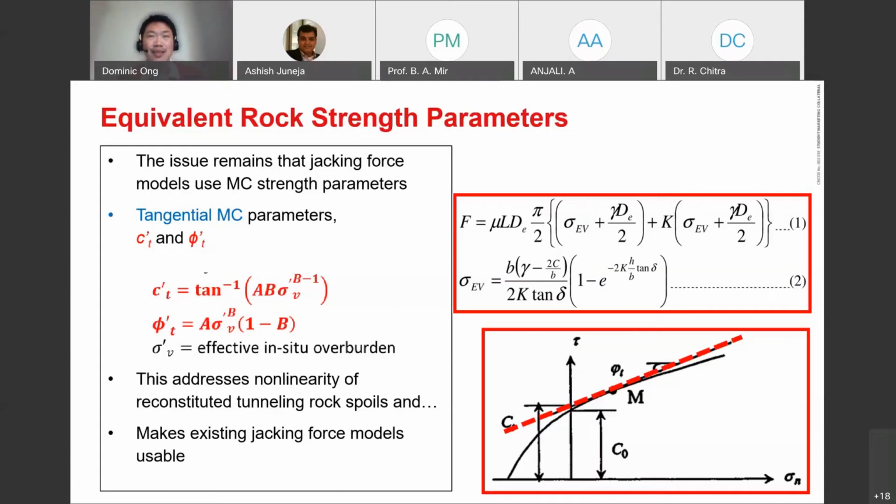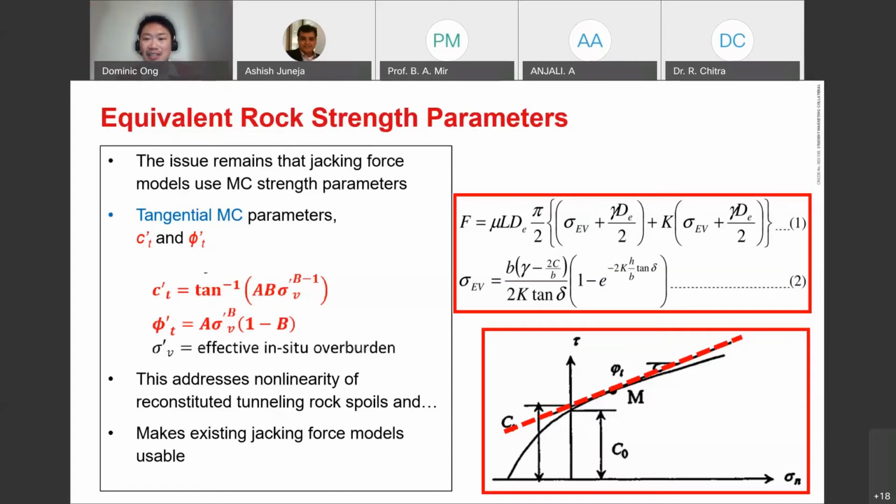So the power law gives us a bit of a curve fitting exercise, to have non-linearity. The second method we use is the generalized tangential approach, based on the depth of your tunnel and the confining pressure.